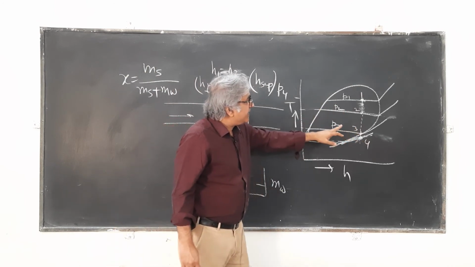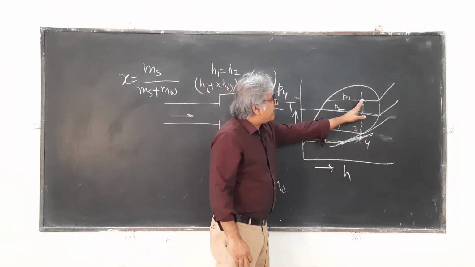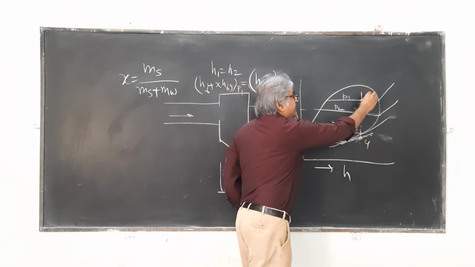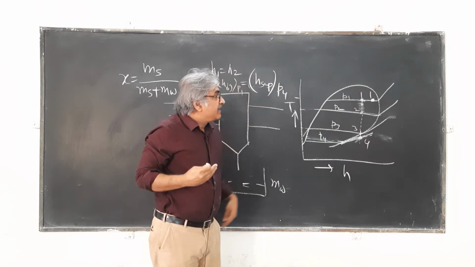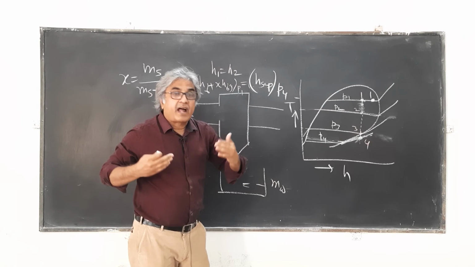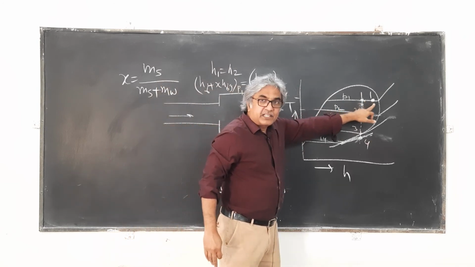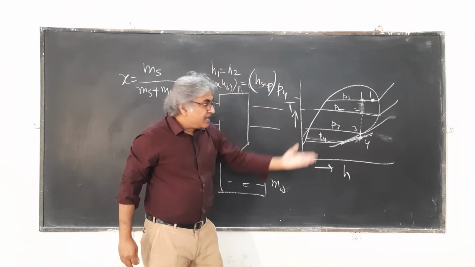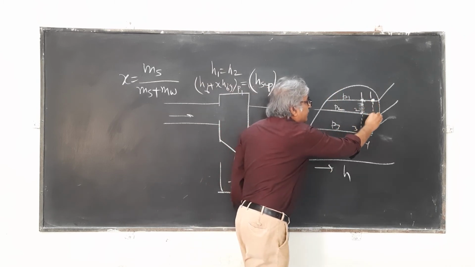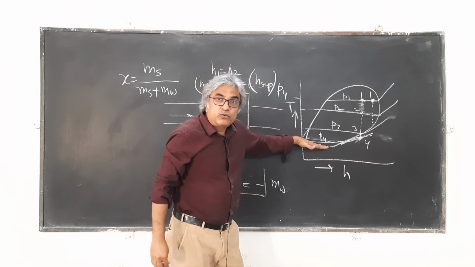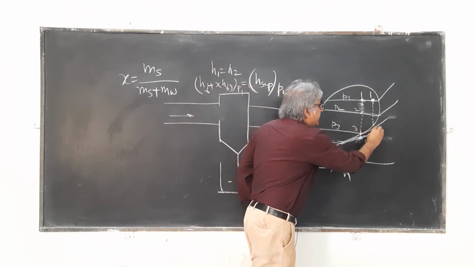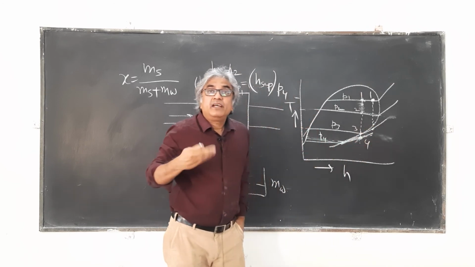Now just reflect on this. If point 1 were somewhere here, that means the steam were less wet, moving towards the right, more dry, and you wanted to measure this dryness fraction. Then you need not throttle to a low pressure of P4, but you could throttle up to P3, and the steam would have been superheated.